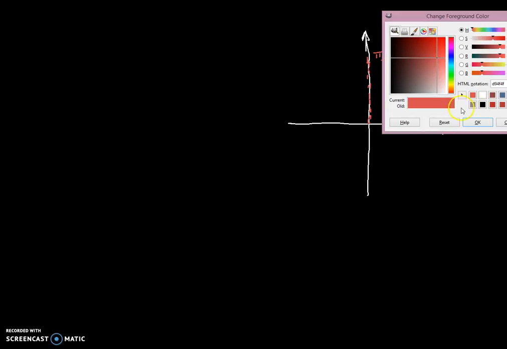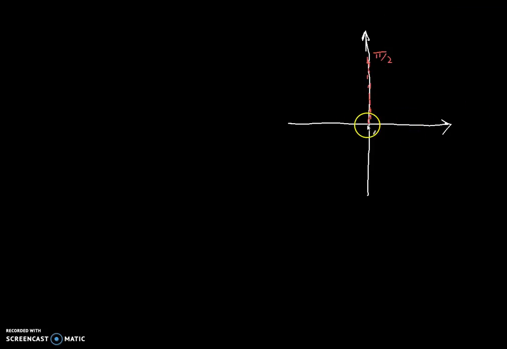Let me show you what I mean by that. Let's say this is 1 unit in this coordinate system, and this is again 1 unit, 1 unit, and 1 unit in this coordinate system.